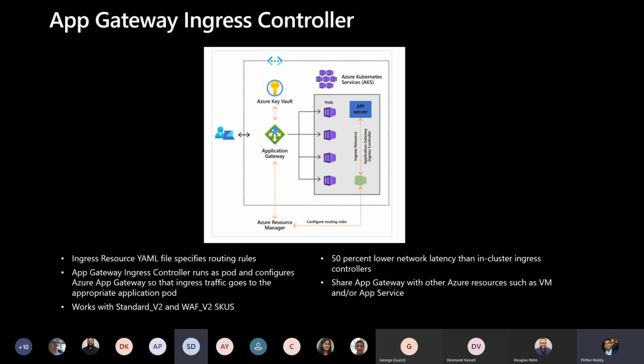Didn't it used to be that the App Gateway had to be in its own subnet when it was originally released? Is that still the case, or, as it's defined in YAML, it's inside the cluster? That's no longer the case? It does still need its own subnet because, to your point, the App Gateway has auto-scaling features built into it.